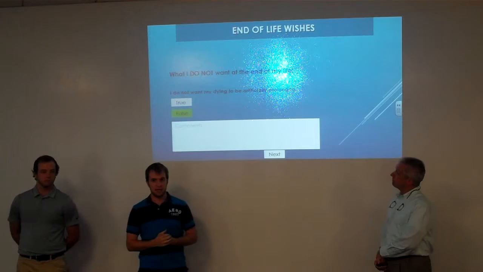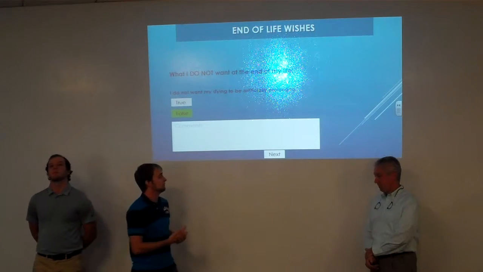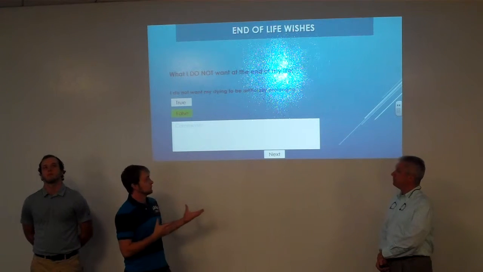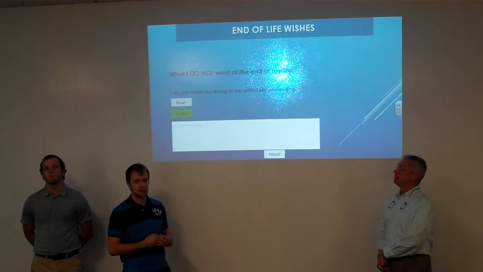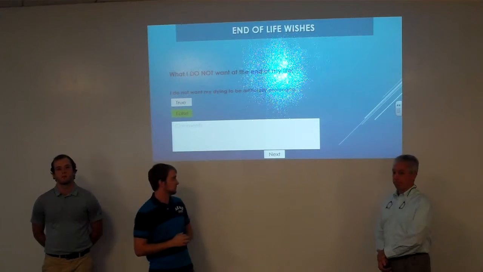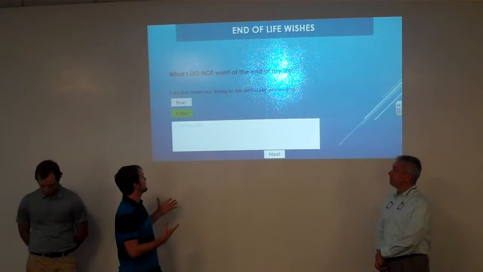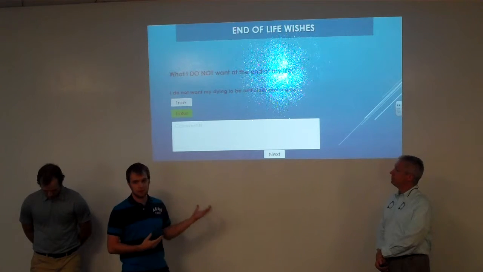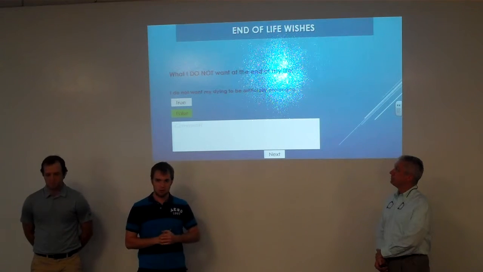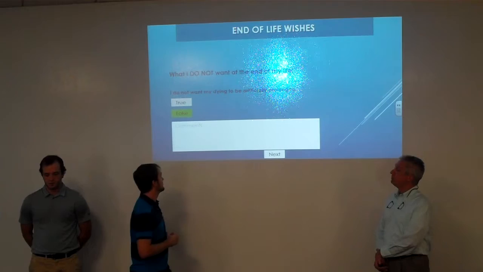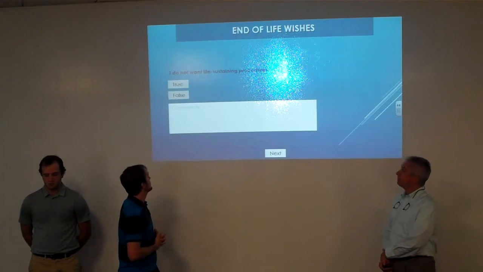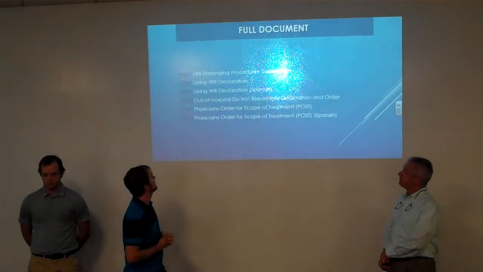In the next couple slides we have some examples of questions in our end-of-life wishes section. It has true or false, with space to put comments on why you believe that is your choice. And this is another example as well.